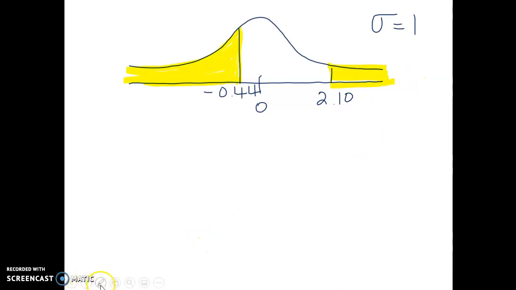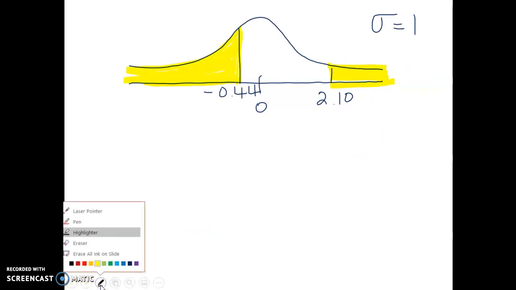And there's actually a couple different ways that you can try this. One way would be to find the area normal CDF from negative infinity to negative 0.44, and then do it again and find the area normal CDF from 2.10 to infinity, and then add those two together.